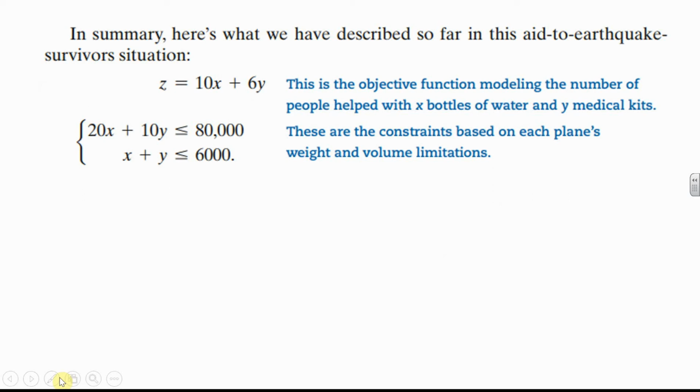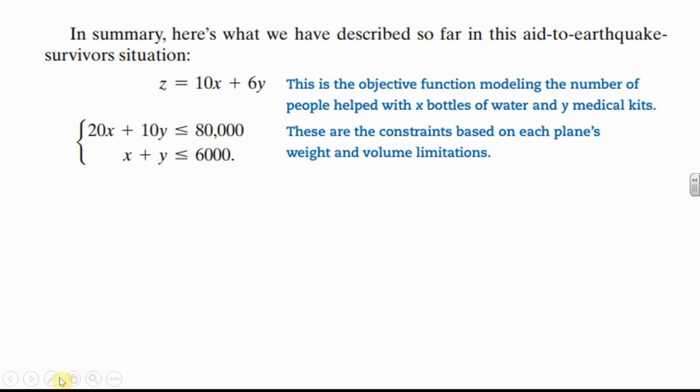Economics, political science, supply, demand, supply chain, production, all of that is based on modeling. Modeling simply means here's a real world situation. Can we put some math to that, and then solve the math and let the math help us in what we're actually trying to do?